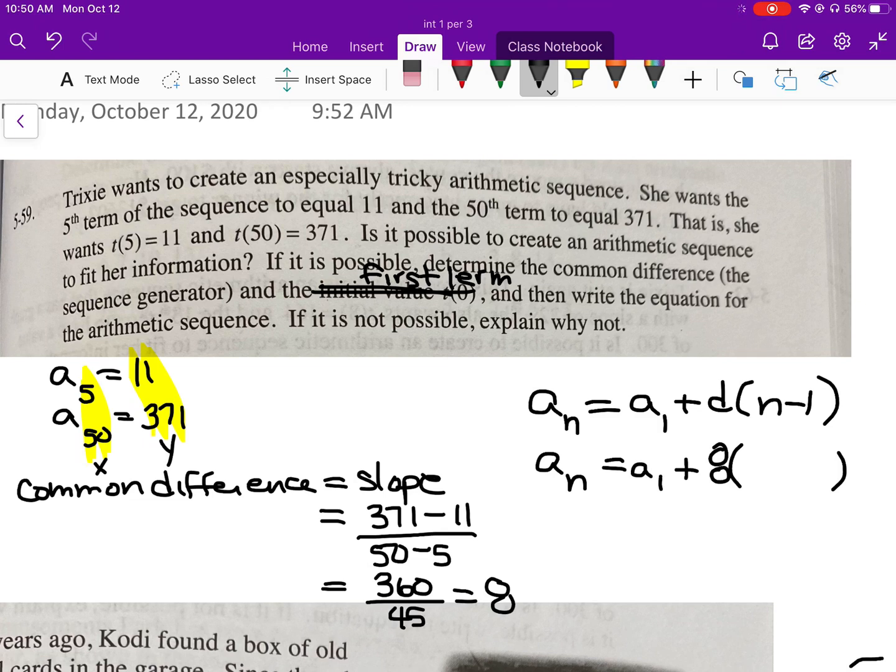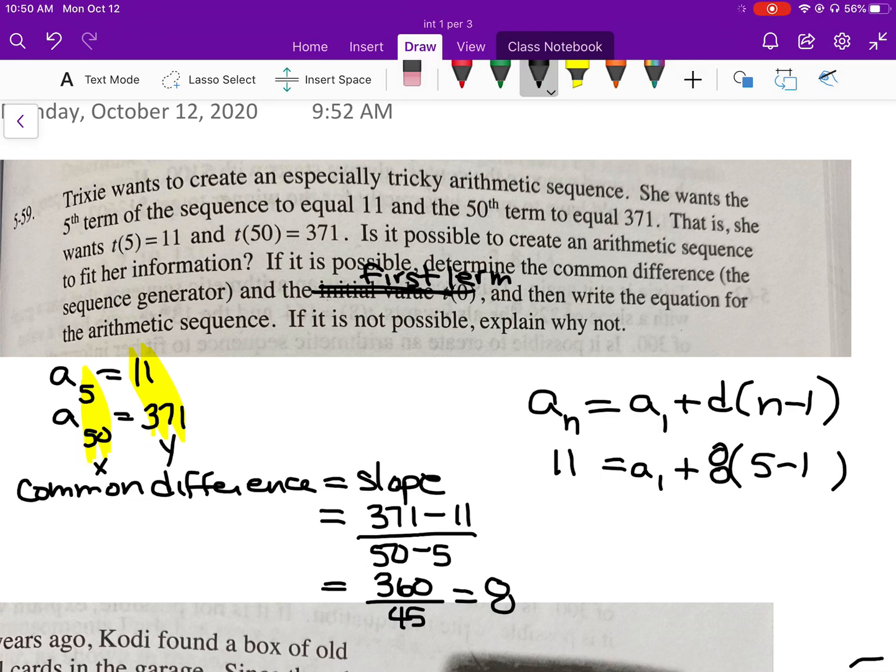Do I know an N? Do I have an N value? Yeah, I do. I either have 5 or I have 50. Which one do you want to use? 5. Thank you, Ms. Largo. So if I'm using n as 5, what's the A sub n? 11.